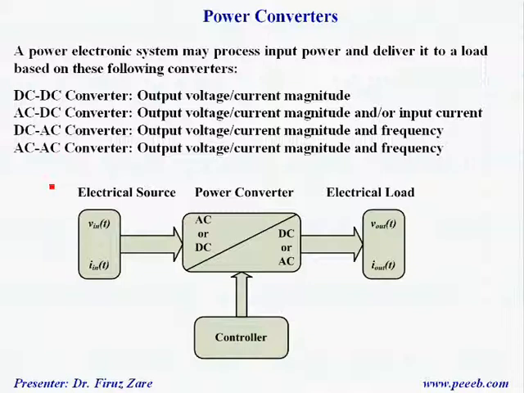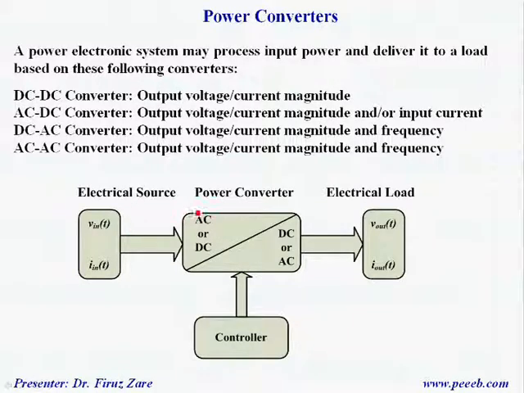The next type is the DC-AC converter, which is basically an inverter. That means if you have a DC voltage coming from a battery or any rectifier, then we can change it to AC. In this case, we can change the output frequency and magnitude, or we can create different AC signals with different frequency and different magnitude. So how can we get the DC? The DC voltage can come from a battery or from this type of regulator that I described previously.